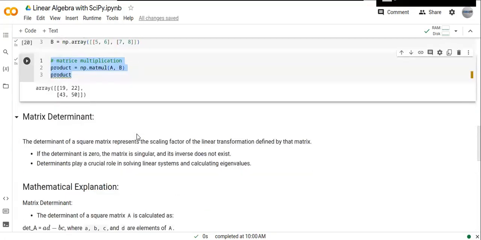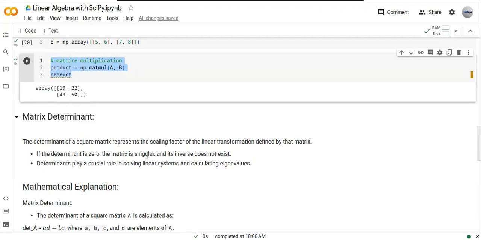The second matrix operation is the matrix determinant. The determinant of a square matrix represents the scaling factor of the linear transformation defined by that matrix. If the determinant is 0, the matrix is singular and its inverse doesn't exist.